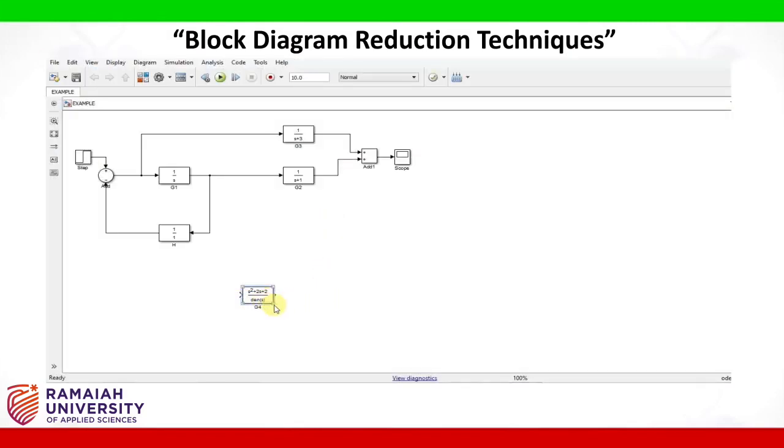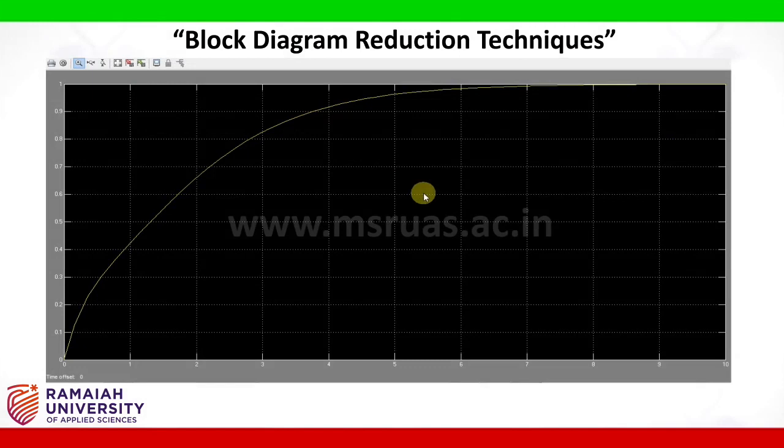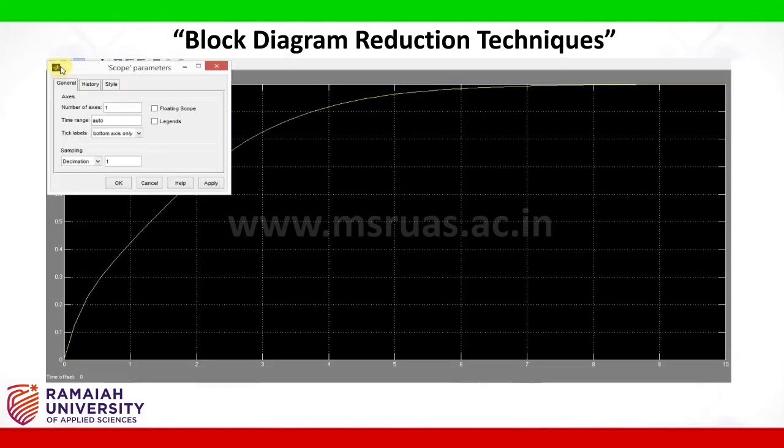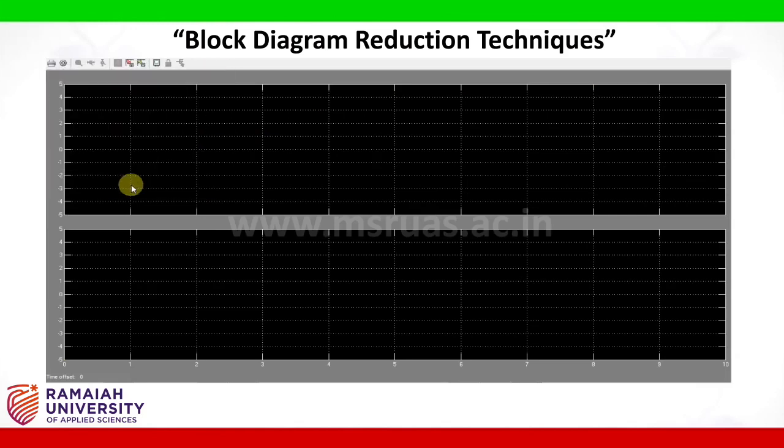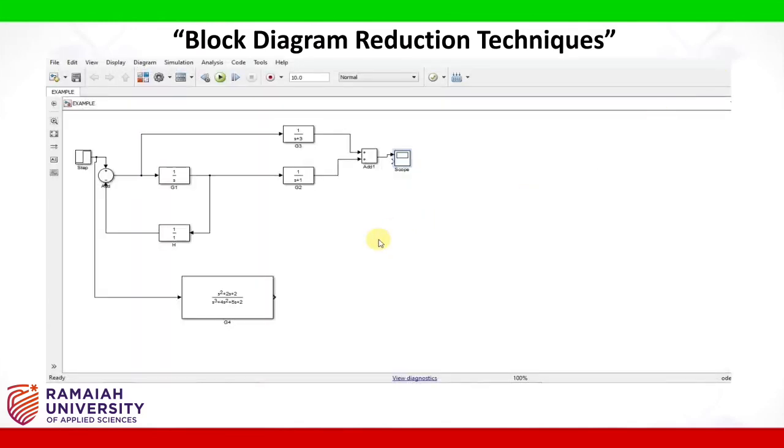Now expand the block. You can see s square plus 2s plus 2 by s cube plus 4s square plus 5s plus 2. Now connect the same input to the step and double click on scope. Go to settings. Number of axes should be changed to 2 since we have 2 plots to be checked. Apply, OK. So you have 2 axes.